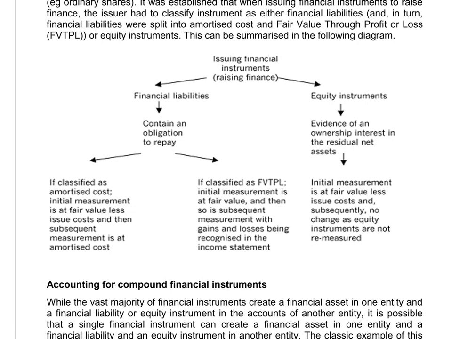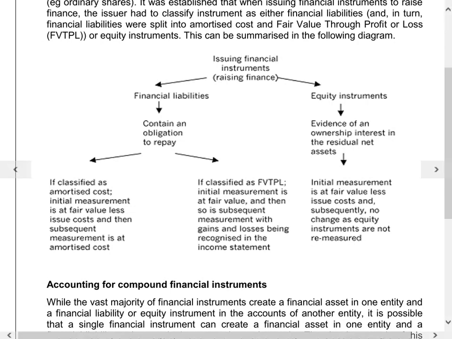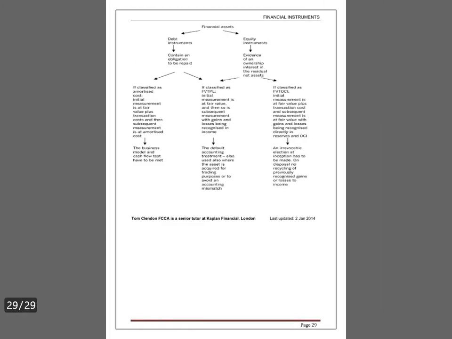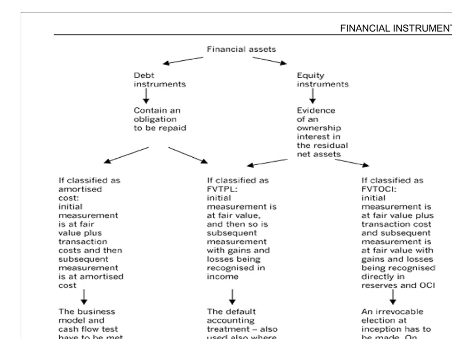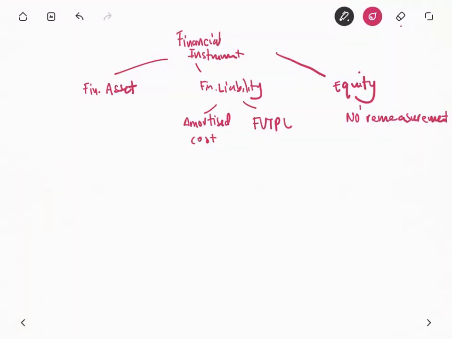If you look at page 25, it is equity and then liability, correct? What is missing? Financial asset. Asset will be page 29. So what I did was I combined these two into one. Page 25 will be these two, and page 29 will be purely financial asset. I combined pages 25 and 29 into one here. Easier to see.